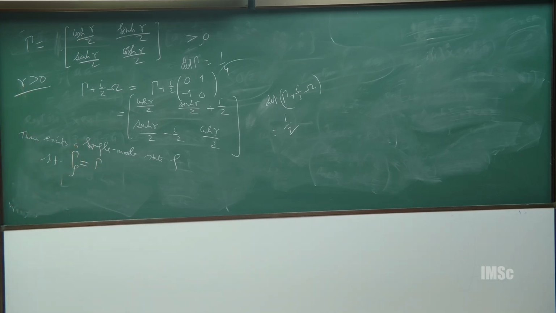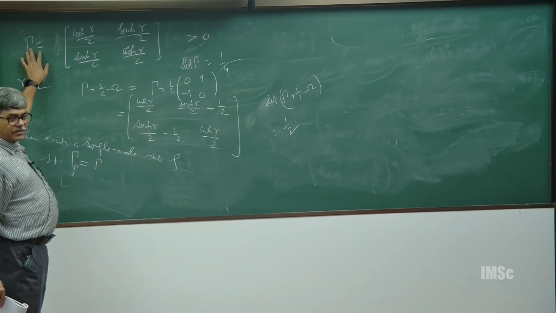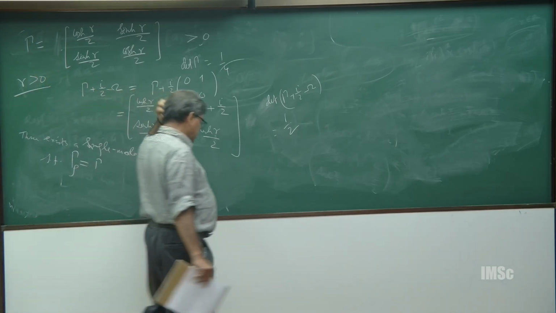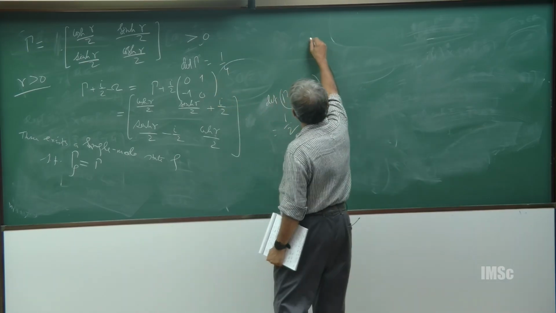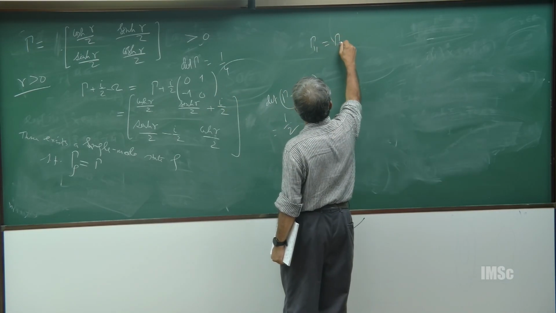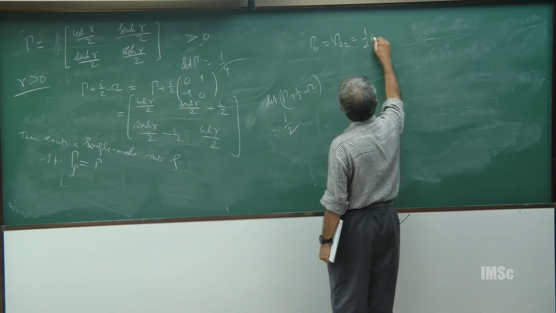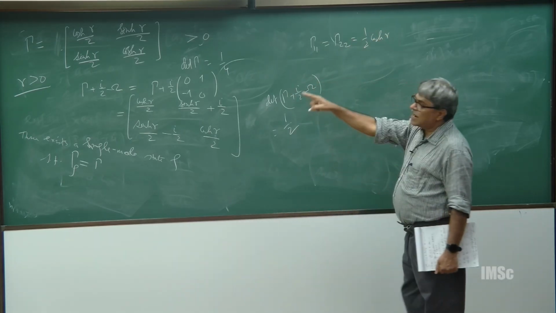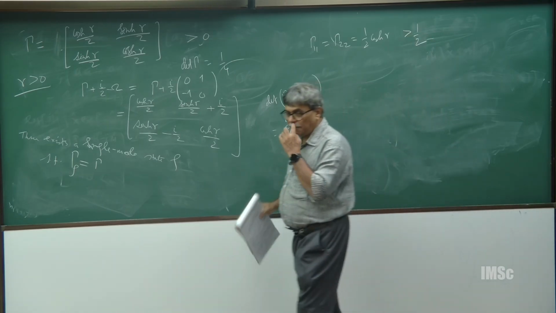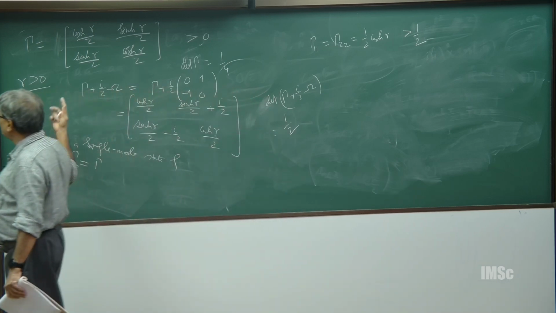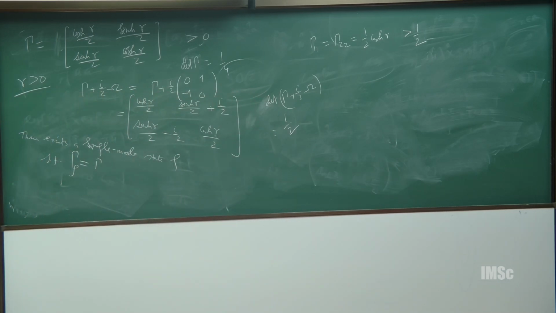This is what this theorem tells us, because this is a bona fide covariance matrix, it satisfies this condition. Now, let us look at the diagonal entries of gamma. So, gamma 1 1 is equal to gamma 2 2 is equal to half cosine hyperbolic r, and because r is positive, this is always greater than half. So, therefore, you cannot say whether it is squeezed or not, can you? You cannot say that.